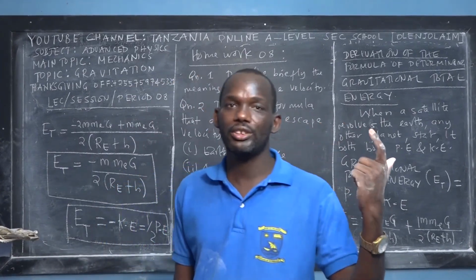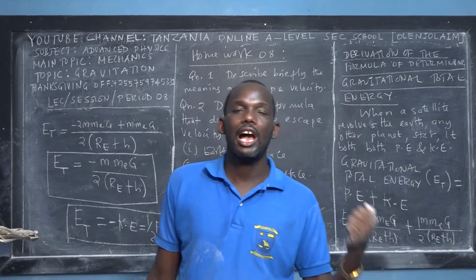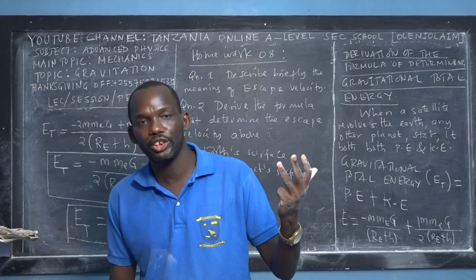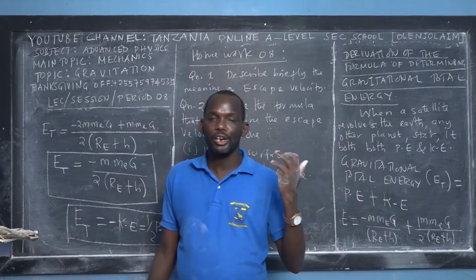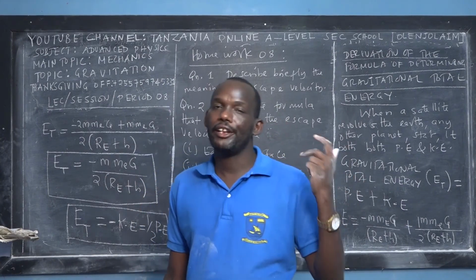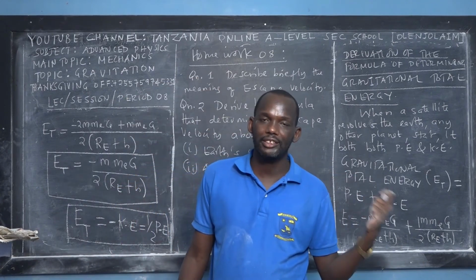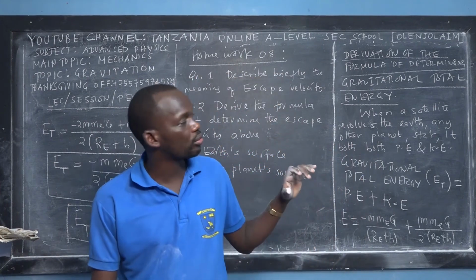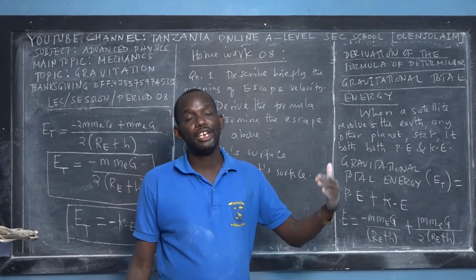I've taught you about gravitational potential, gravitational potential energy, and the relationship between gravitational potential and gravitational potential energy. I've taught you about the gravitational kinetic energy of the body, and the total gravitational energy of the body, especially satellites. And right now I have left the homework for you to go through or to read about the escape velocity. So join me in the next lecture.